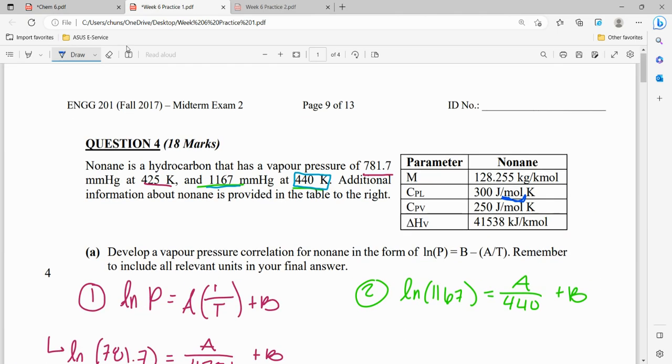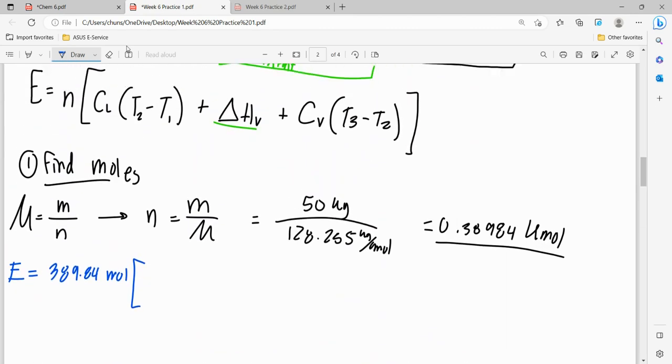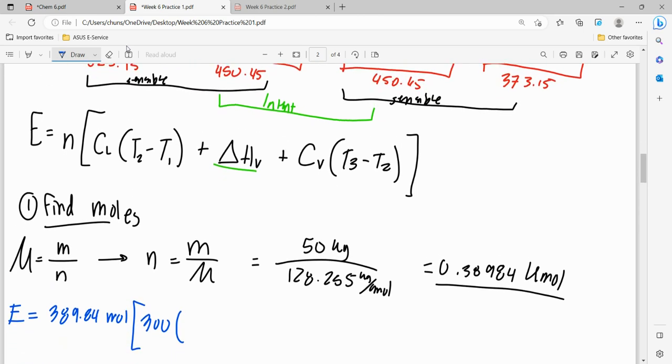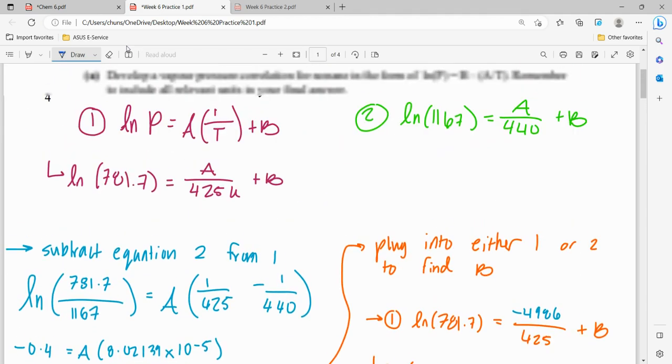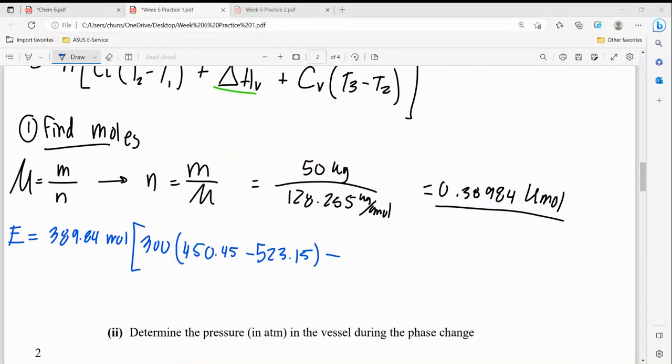Okay, and our liquid specific heat is 300. And T2 minus T1 is 450.45 minus 523.15. Okay, and this is going to be minus our latent heat of vaporization because, hold on.